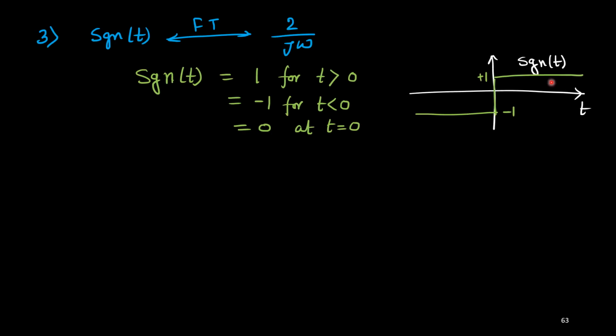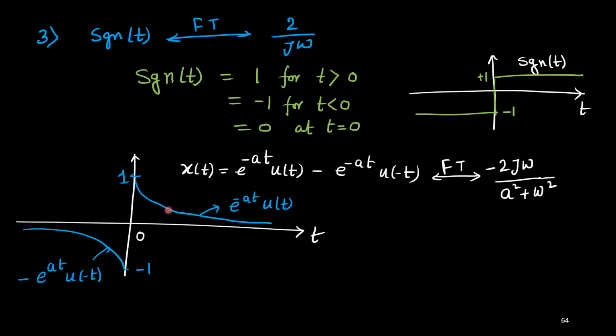So this is the signal whose Fourier transform we need to find. This is commonly used. We will be using this function several times, such as in the Hilbert transform and other places.